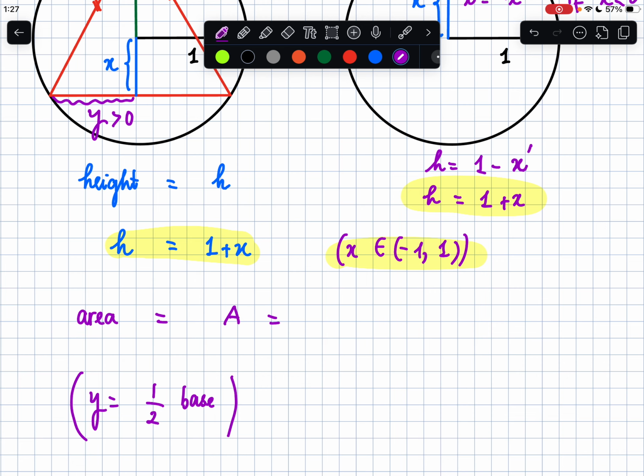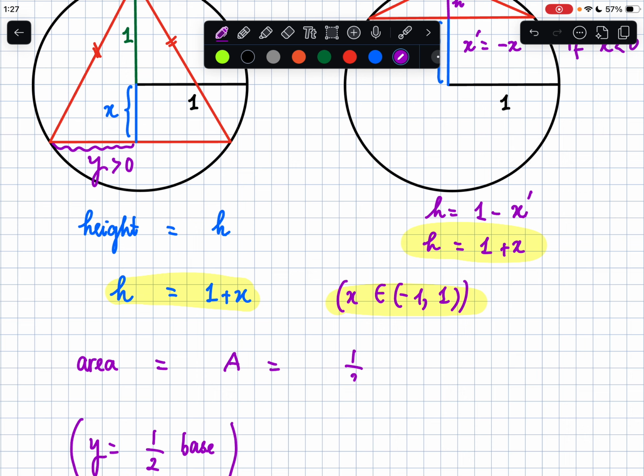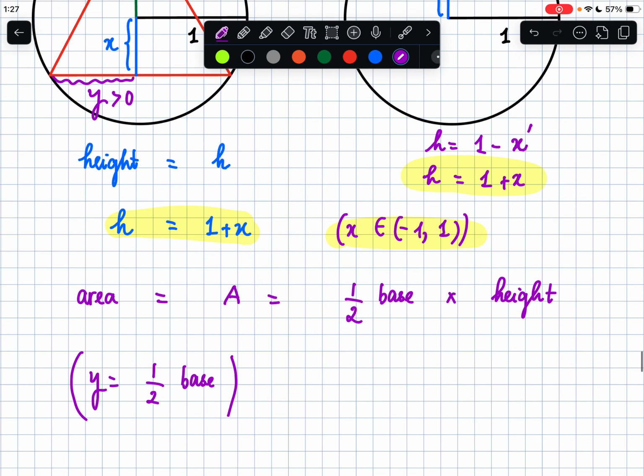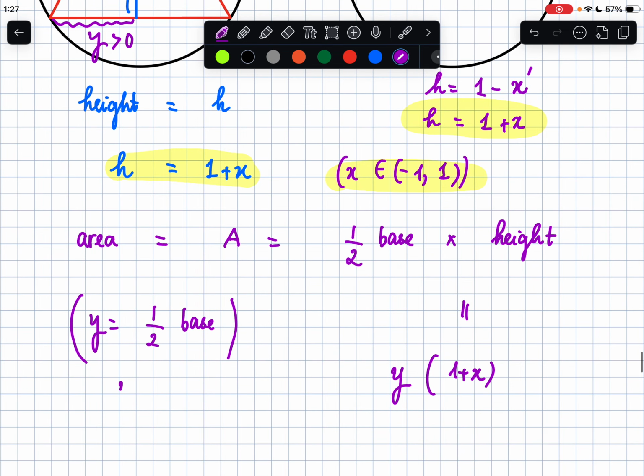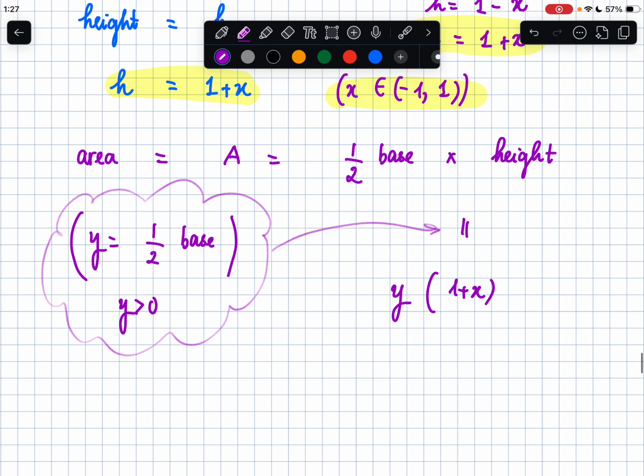Then the area A equal to 1/2 base times height. 1/2 base equal to y, height equal to 1 plus x, y bigger than 0. So we have area is y times 1 plus x.